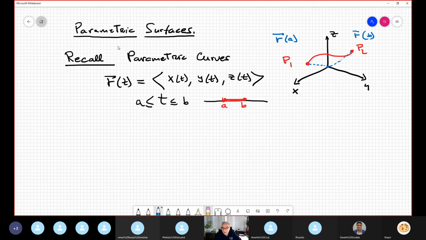Basically, the thing we are doing is a one-dimension problem that you convert into a three-dimension problem. However, it's three-dimension ambient, but my object is one dimension because it's a curve.